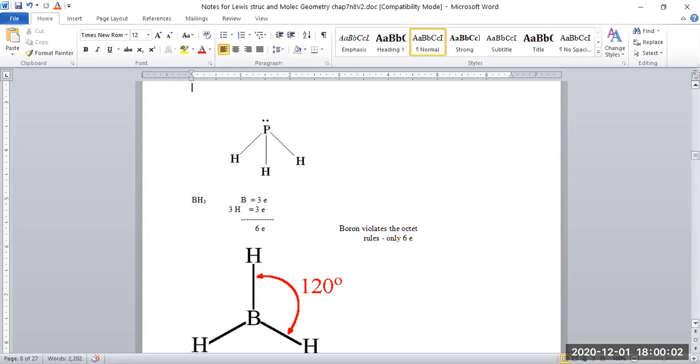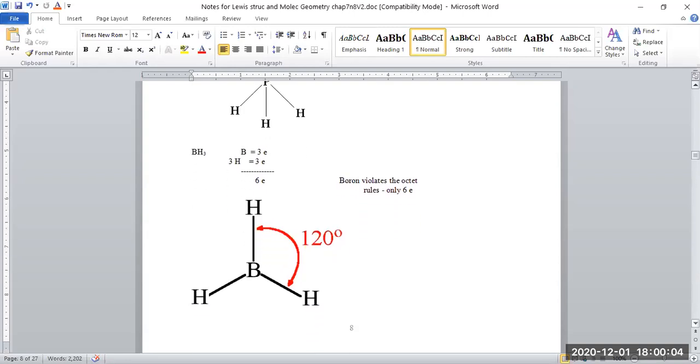So if I drew a Lewis structure of a BH3 molecule, I have 3 electrons that came with my boron, and 1 electron that each of my hydrogens brought with it. But boron is okay with not having a full octet.